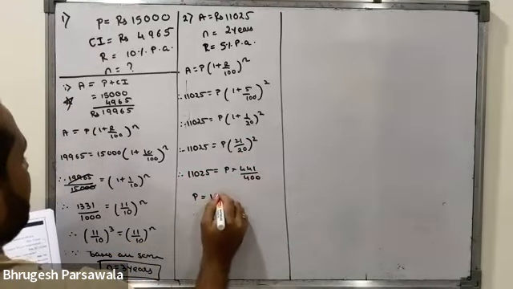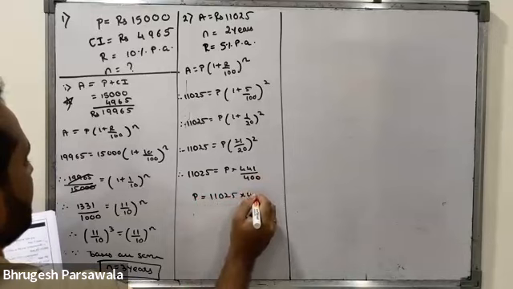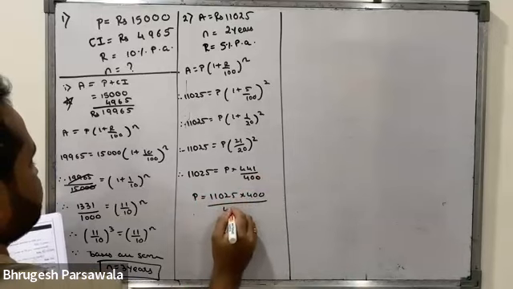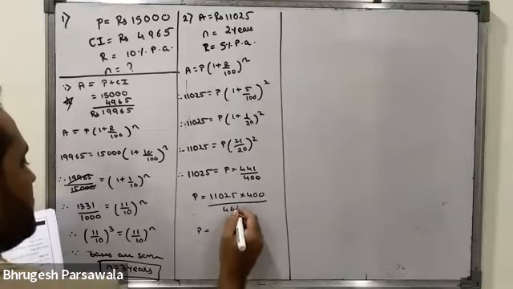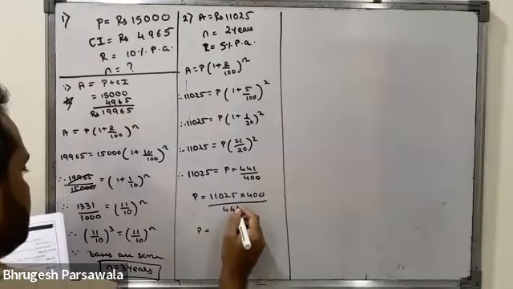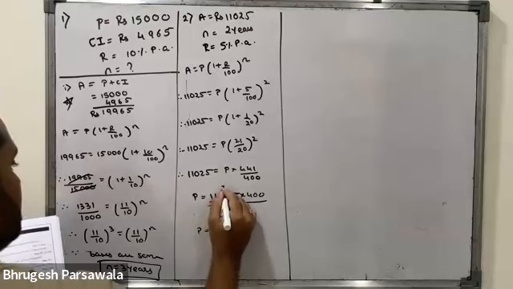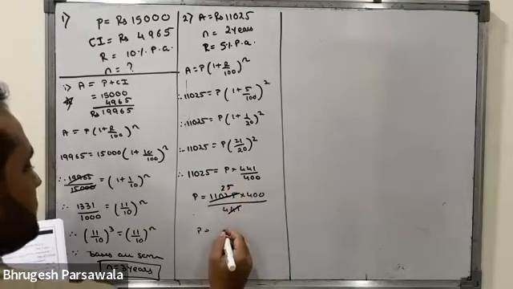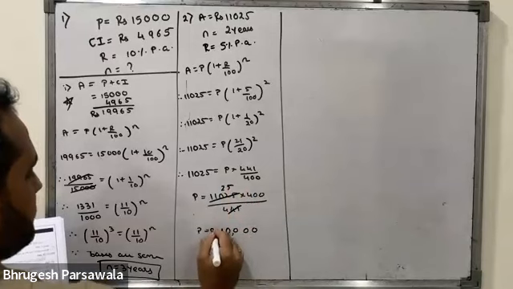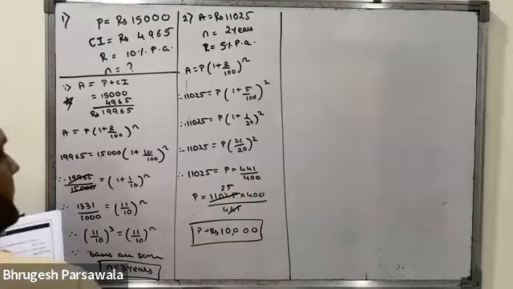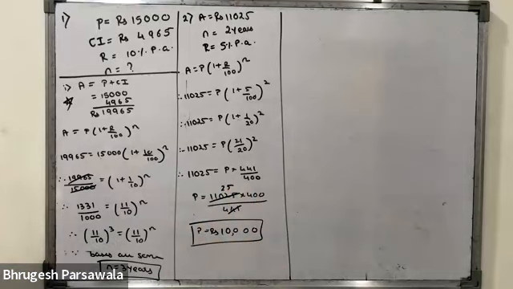So P is 11025 into 400 upon 441. 25 into 400, multiply, you get 10,000 rupees.